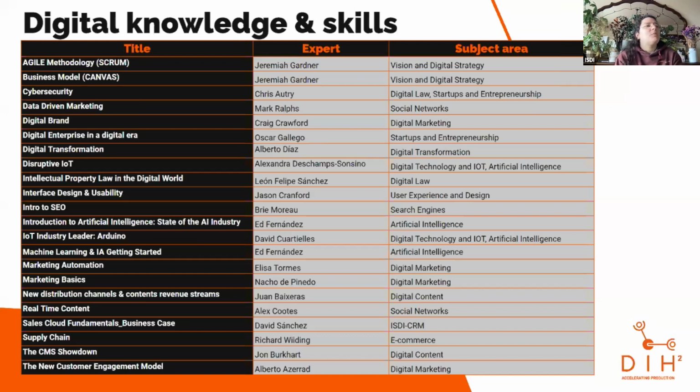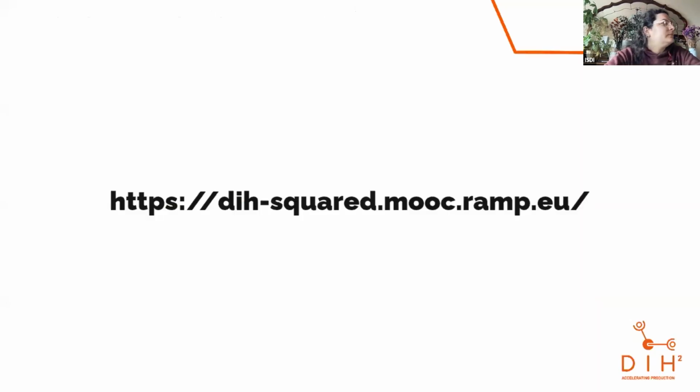The topics range from agile methodology to data-driven marketing, interface design, usability, and much more. All the courses feature videos, text, slides, graphics, and some interactive learning experiences. Some courses might also have a test or self-assessment at the end. The courses vary from up to an hour to roughly 10 hours, depending on the topic. This is the URL to access all the different courses.